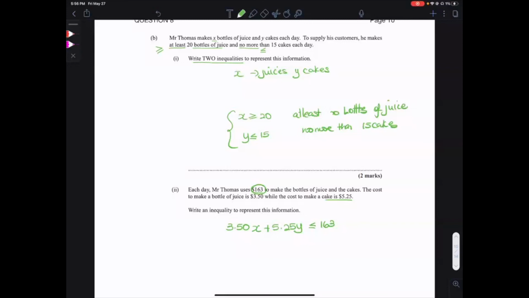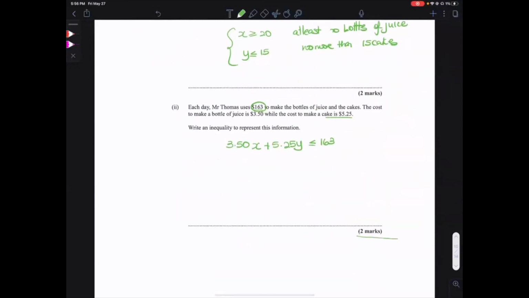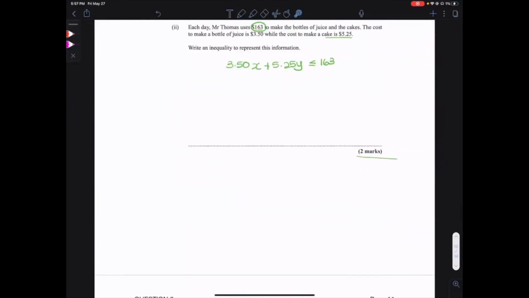All right. Do we have those equations? Yes, miss. So the next part of the question, and we will get 2 marks for this, right? The reason why it is less than or equal to 163 is because he could utilize all the money or he could spend some of it.